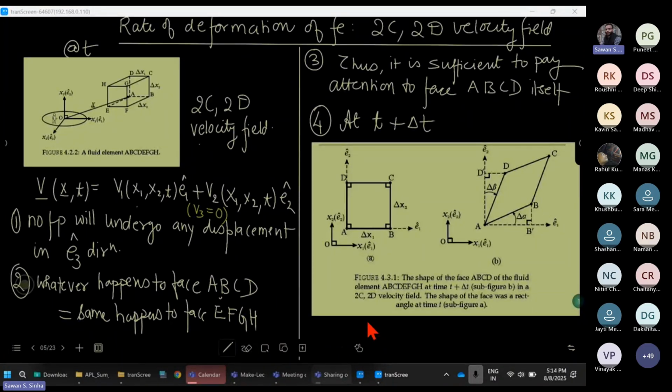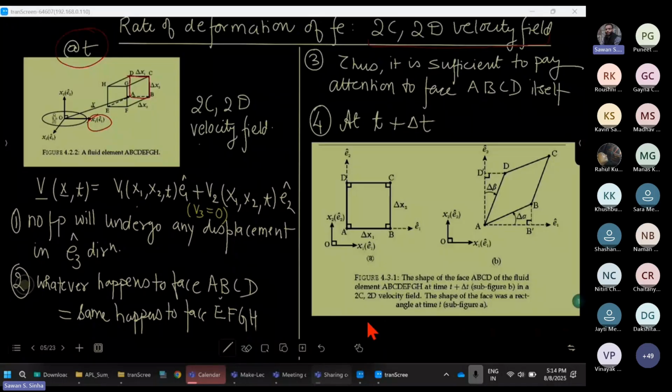All right, so rate of deformation of fluid element, 2C, 2D velocity field. That's that much algebra I'm willing to do right now. Same figure at time t, we have this fluid element A, B, C, D, E, F, G, H. The orientations of various faces and edges are the same as what I described in the morning. The face A, B, C, D, as you see in this figure, this face is actually parallel to X1, E1.